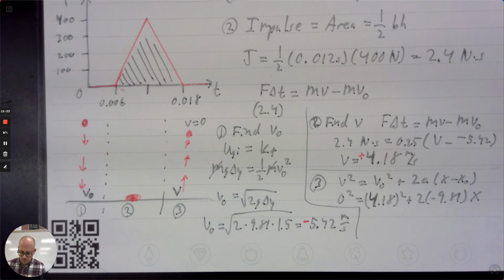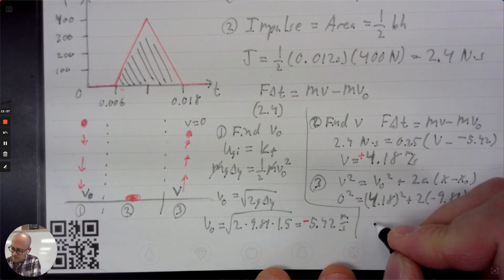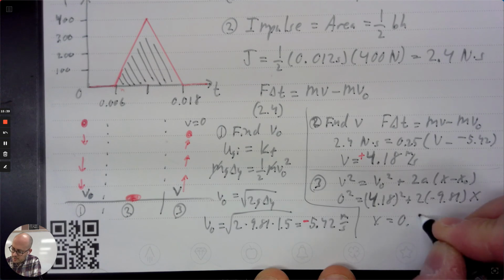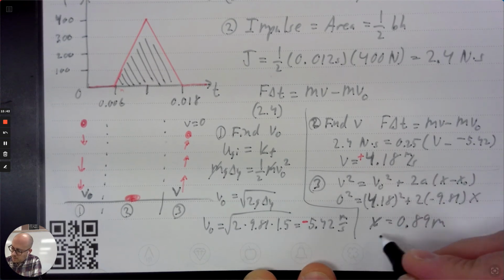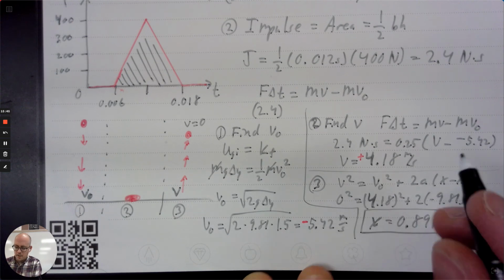I would do 4.18 squared and move it to the other side, so I'd have negative 17.4724. I would divide it by 2 times negative 9.81, and I would get an x of 0.89 meters. And wow, that's the answer to the problem.